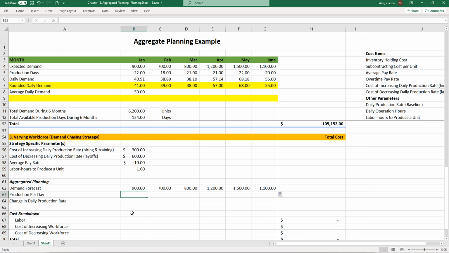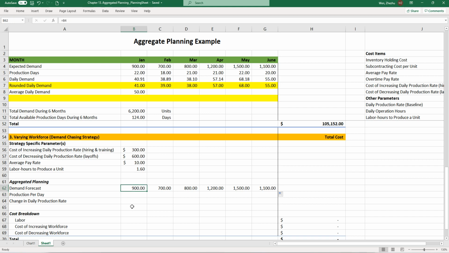Let's pause here for a second to think about it. What does it mean by production per day? What is the characteristic of the demand chasing strategy? That means no matter how you want to handle this, you want to make 900 units for January. If you begin with 0 workers, that means you want to hire workers so that you can make 900 during that month.